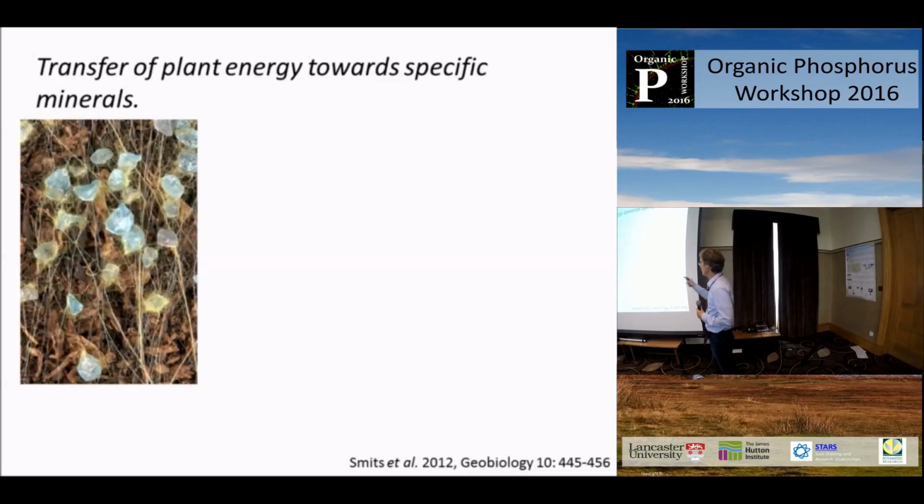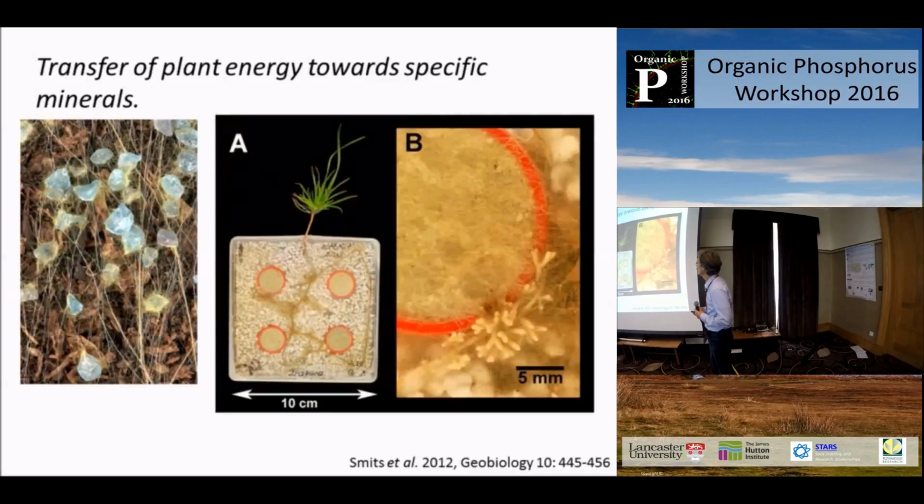Okay, first back to this picture. That was my inspiration, and when I started in Sheffield, we made microcosm systems and we worked with different minerals, and it was only with apatite that the fungus really went for it, they really liked it. So we started more sophisticated systems.